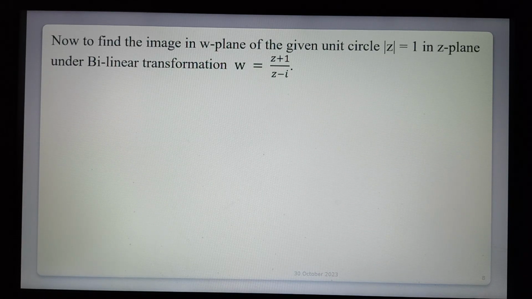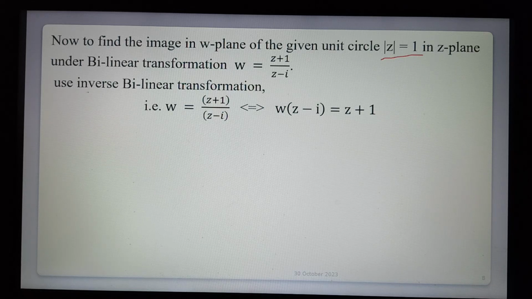Now to find the image in the w plane of the given unit circle, mod z is equal to 1 in the z plane, under the bilinear transformation w is equal to z plus 1 by z minus i. Using the inverse bilinear transformation, finding z in terms of w: taking the cross product, w into z minus i is equal to z plus 1.